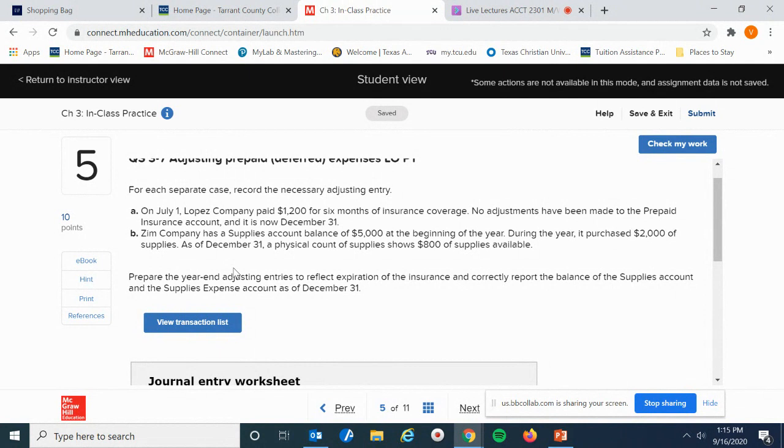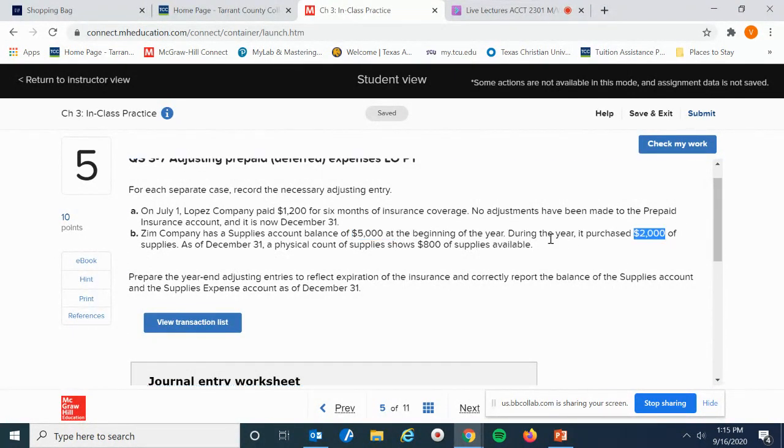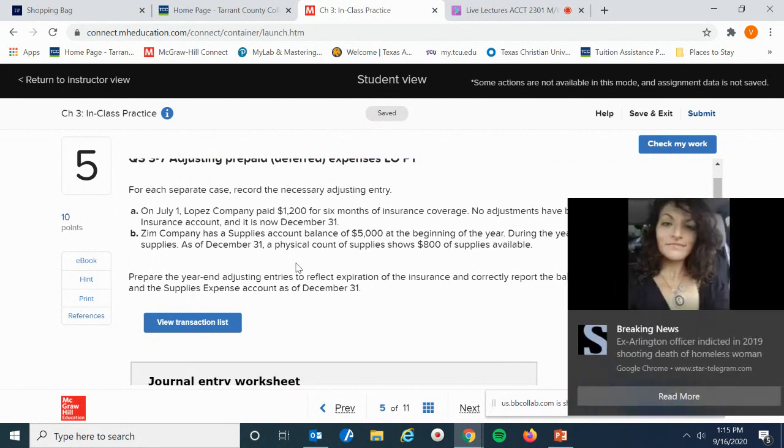They added $2,000 more of supplies. So the supplies available for use during the year was $7,000, right? So $5,000 plus $2,000 is $7,000. As of December 31st, a physical count shows $800 is available.